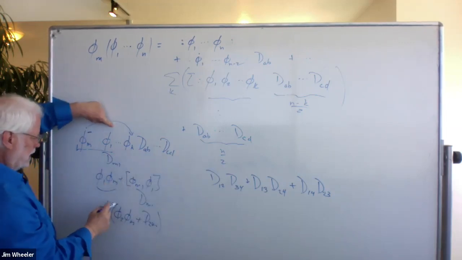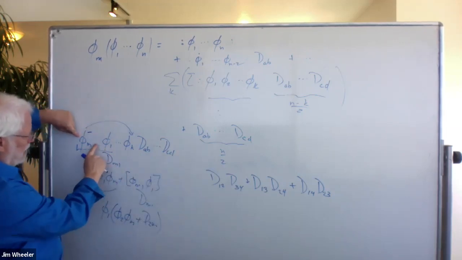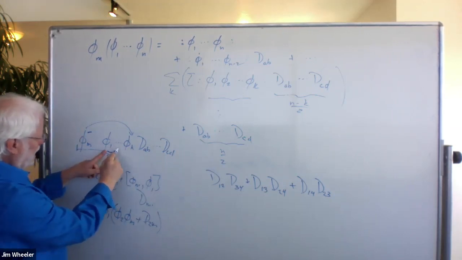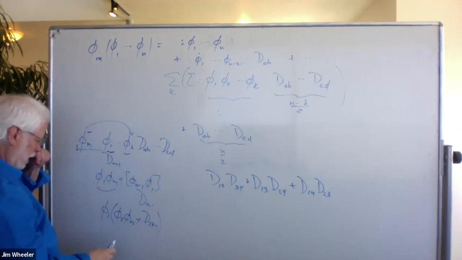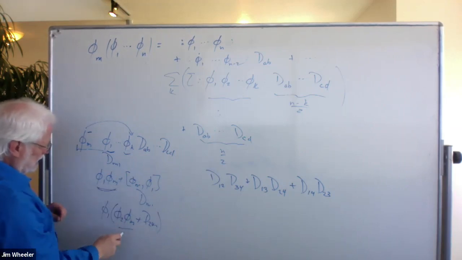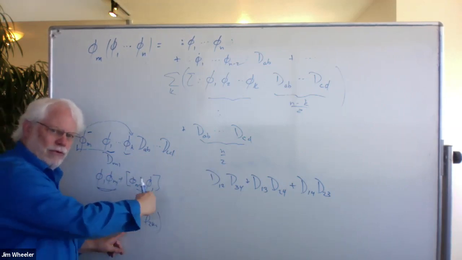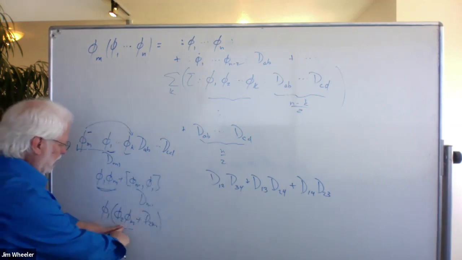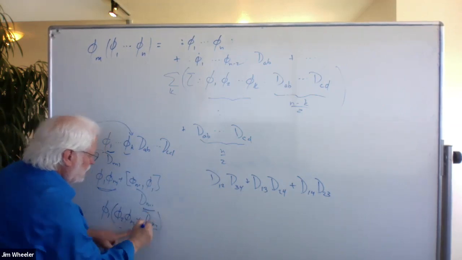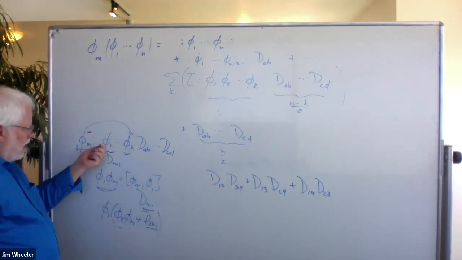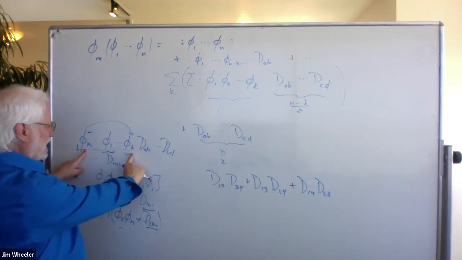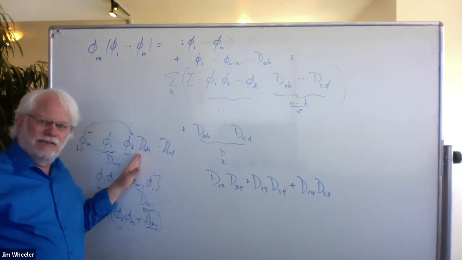Now notice that as you move phi m through, it's going to have to pass each one of these exactly once. So these successive terms have phi m moving step by step through the list, and each time you do that, you get the corresponding d. So you're adding exactly phi 1m, phi 2m, up to phi km to this list of d's.